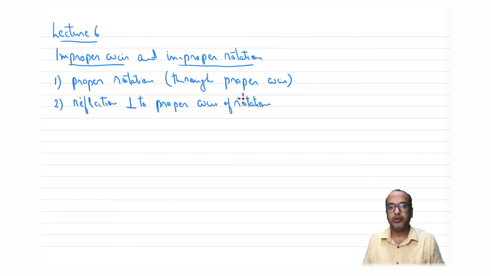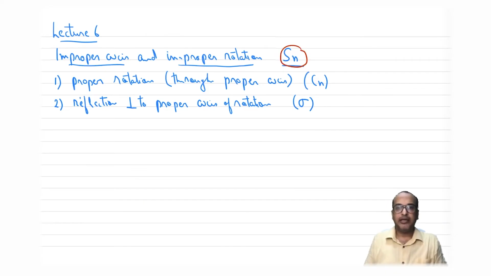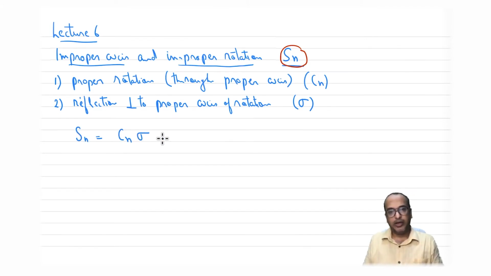This also we know is called Cn, this is called sigma, and the improper axis or improper rotation is denoted by Sn. Now this Sn is a combination of Cn and sigma, and it does not really matter in which order you apply the individual operations.